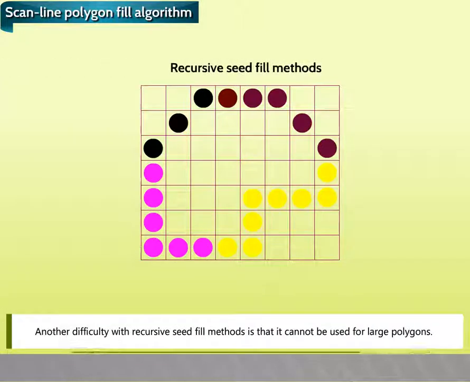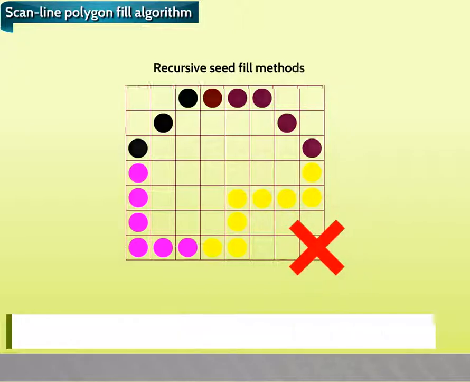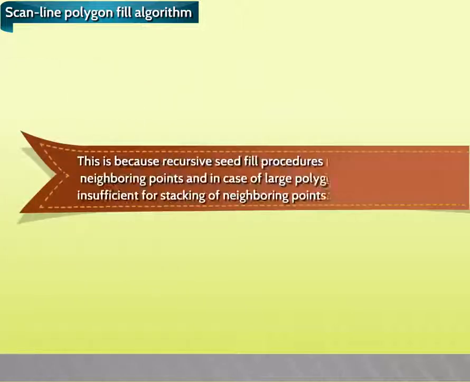Another difficulty with recursive seed fill methods is that they cannot be used for large polygons. This is because recursive seed fill procedures require stacking of neighboring points, and in the case of a large polygon, the stack space may be insufficient for stacking of neighboring points.